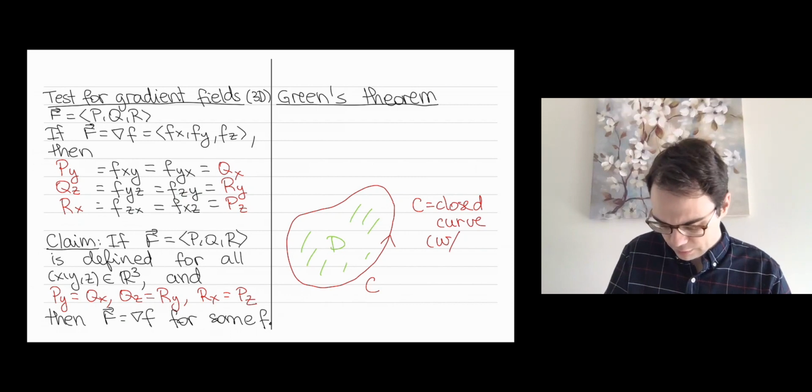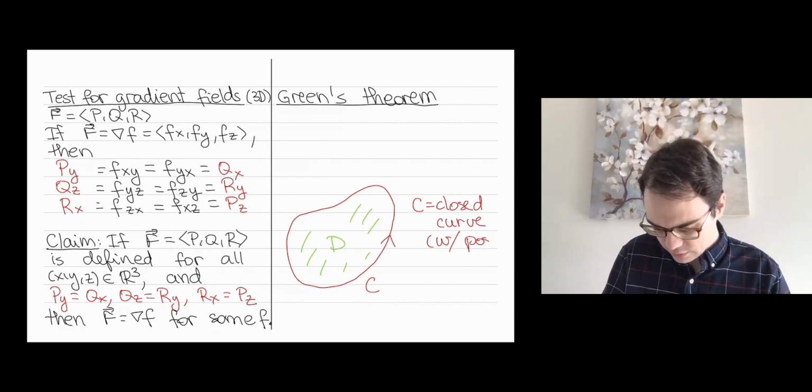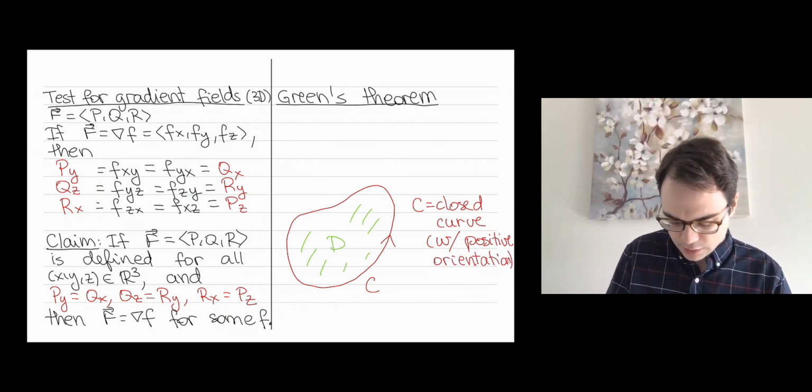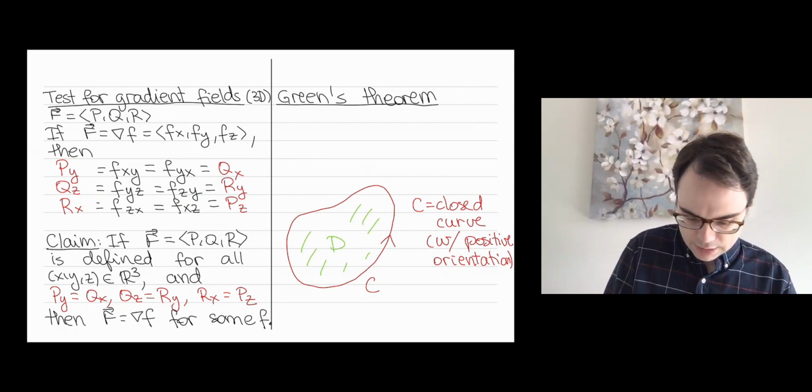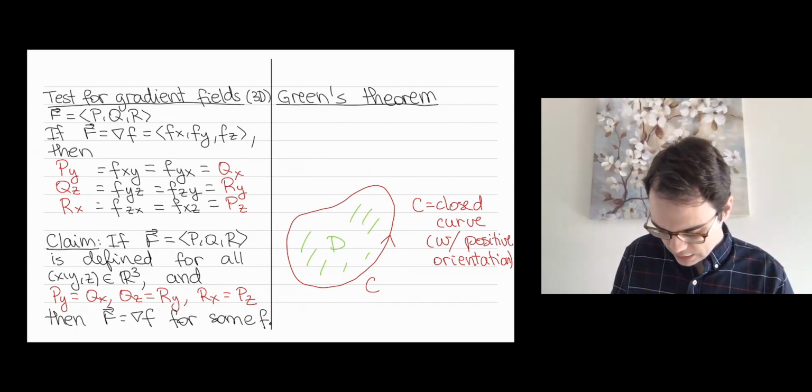So let me just leave it here. So with positive orientation, this just means that the curve goes in the counterclockwise sense, right? It's going like this rather than the other way around. And as I said, D is the region inside C.